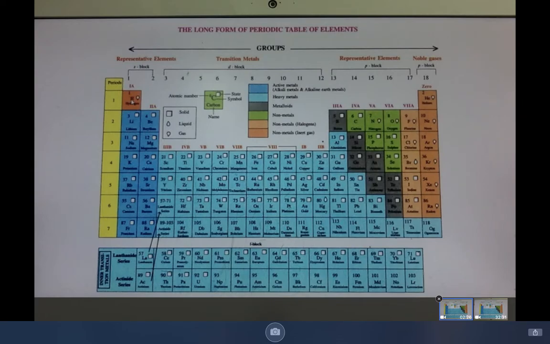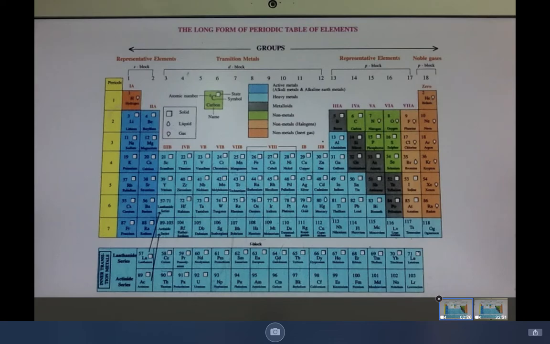Obviously hydrogen has only one shell because it has only one electron. Helium has two electrons and the first orbit can hold two electrons, so it has one shell as well. So period 1 has two elements and both of them have just one single shell.